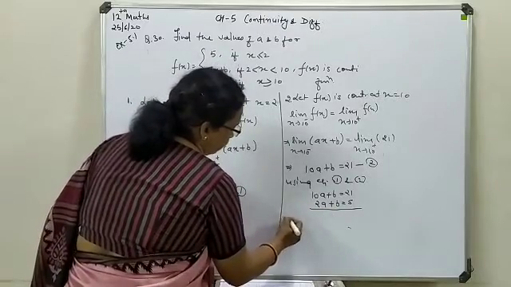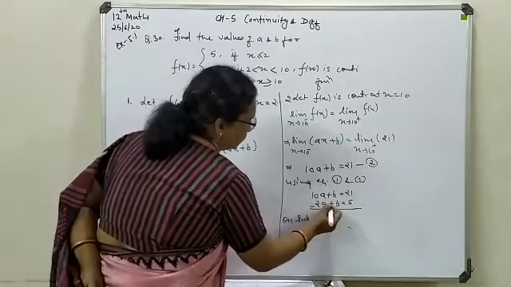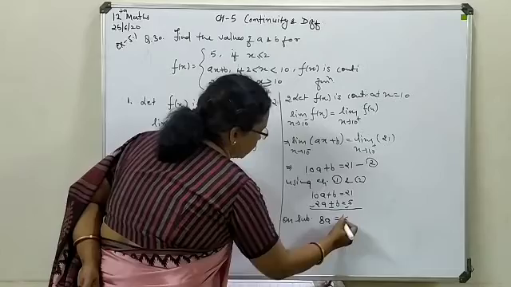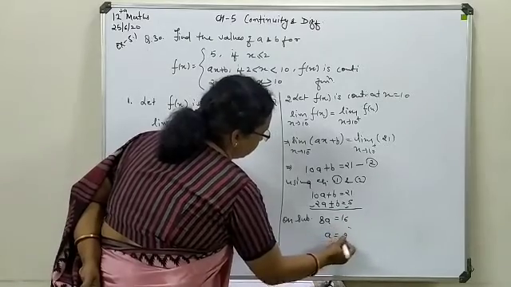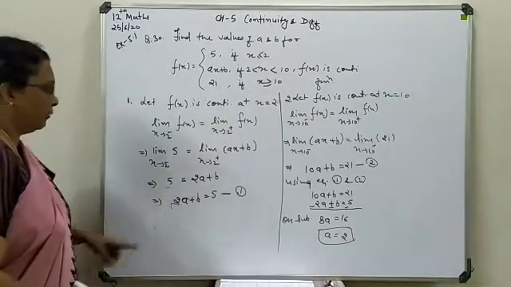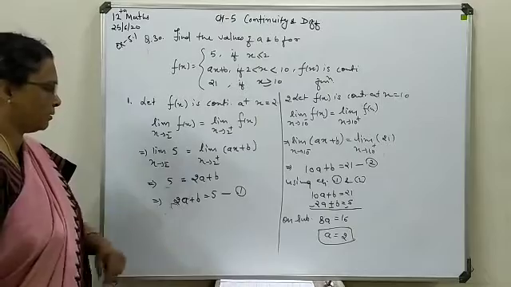Here on subtraction, this will give you 8a as 16, so a will come out as 2. This value of a you can substitute in equation number 1, so b will also be separated out.